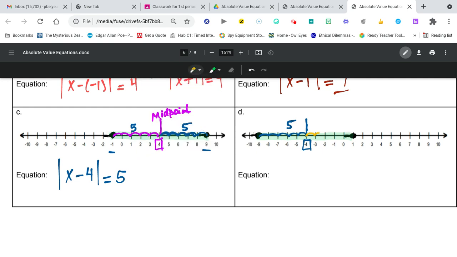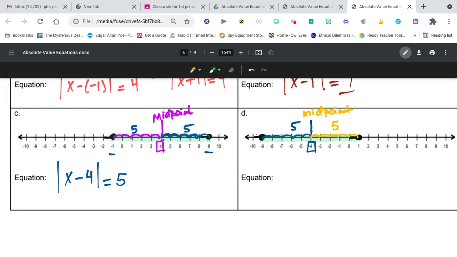And of course, 1, 2, 3, 4, 5 units on this side of -4. -4 is my midpoint. So when I write this equation, I write the absolute value of x minus -4, or the distance between some number and -4 is exactly 5 units. Those answers will end up being 1 and -9, but this is the equation that will produce those answers. Instead of x minus -4, I'm going to write the absolute value of x plus 4 equals 5.